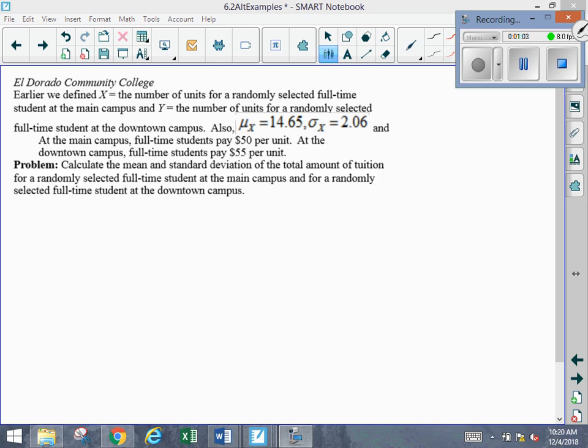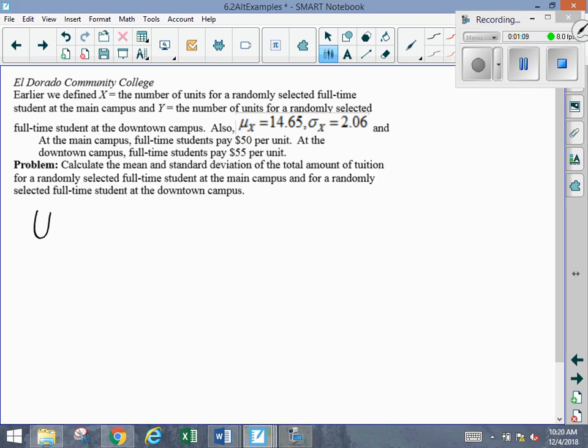The idea is if the random variable U is the tuition at the, and I'm not sure if this is what we did earlier, tuition at main campus.